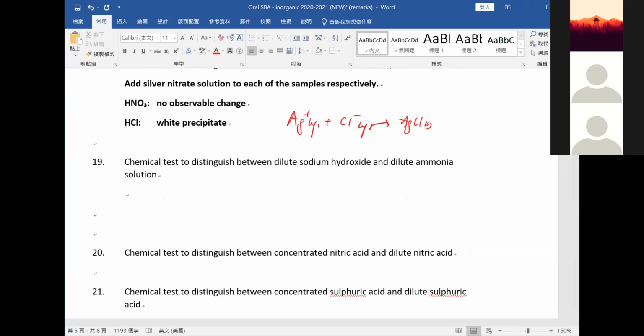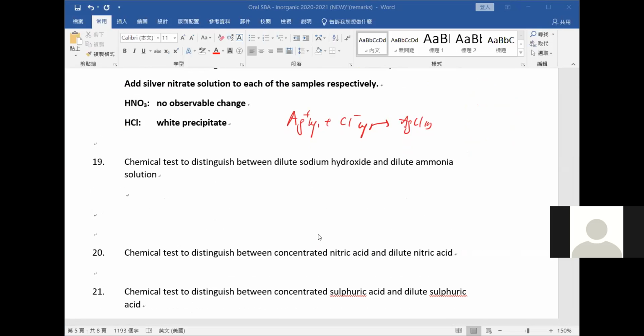Next one, 19. Chemical test to distinguish between dilute sodium hydroxide and dilute ammonia solution. Add copper to both, excess of them.